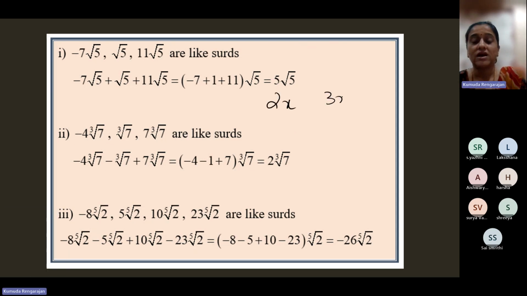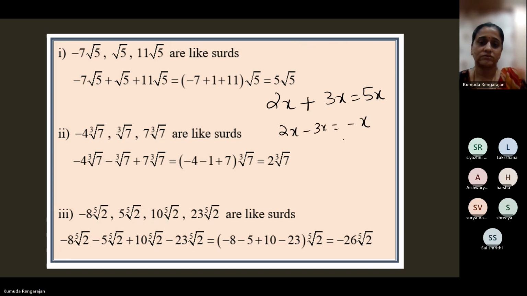2x and 3x are like terms, so you can add them to get 5x. You can subtract: 2x minus 3x is minus x. You can also multiply them. Anything, whether like or unlike, you can multiply and divide. But addition and subtraction can be performed only with like terms. Unlike terms, supposing you have x plus 3y, cannot be simplified further. x plus 3y is x plus 3y.